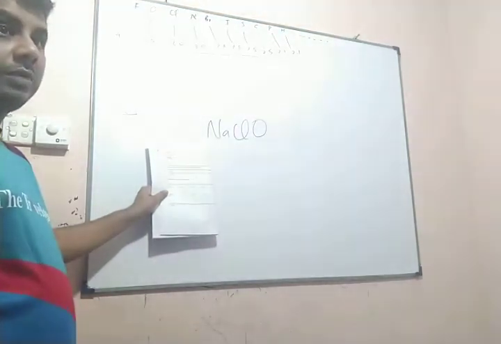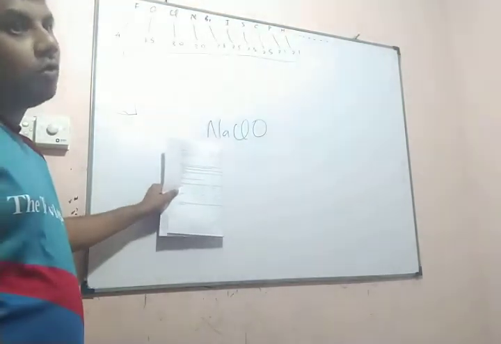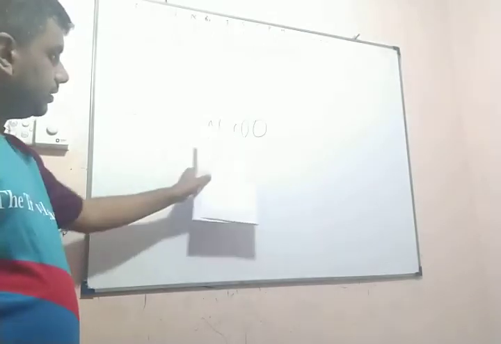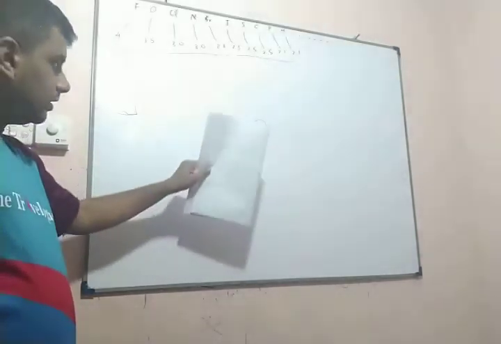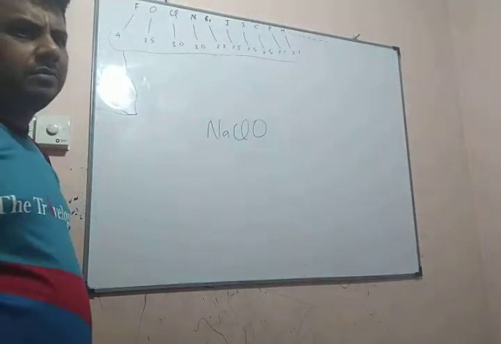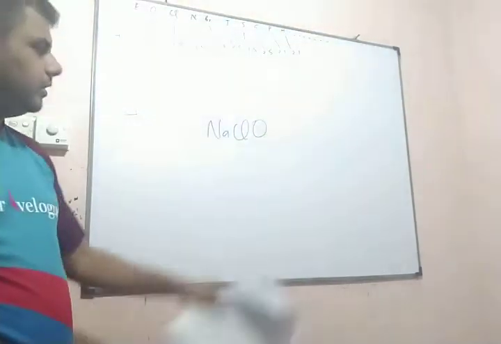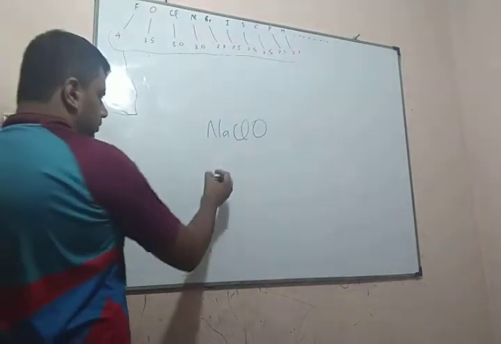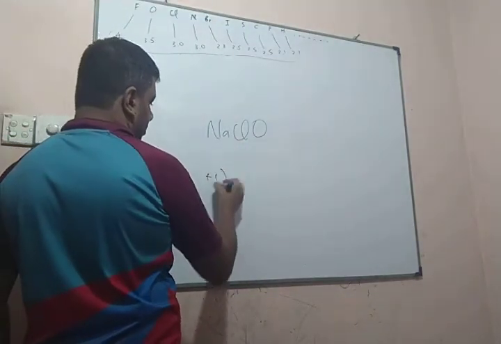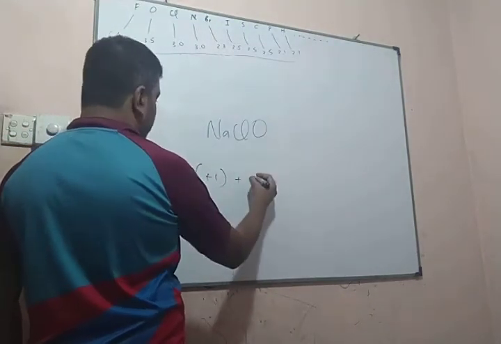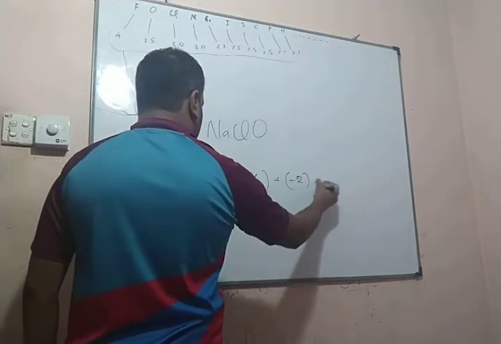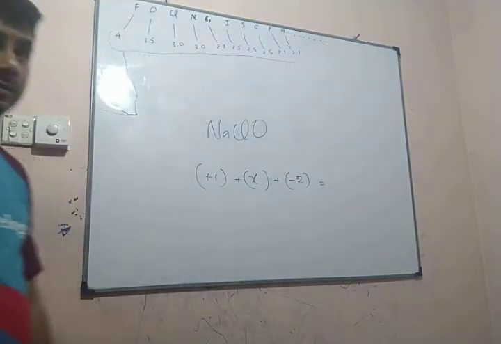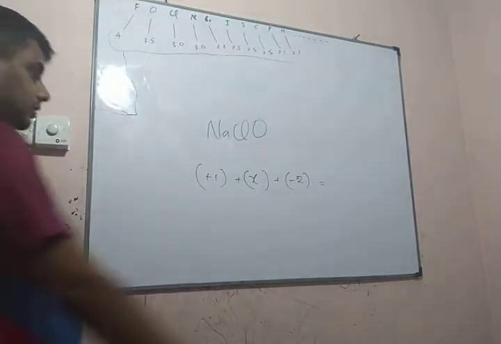You know, +1. Why? First group is always +1. Oxygen is normally -2. Chlorine can have any oxidation state. But what's the sum of all three? +1 plus X plus -2 will be equal to 0.